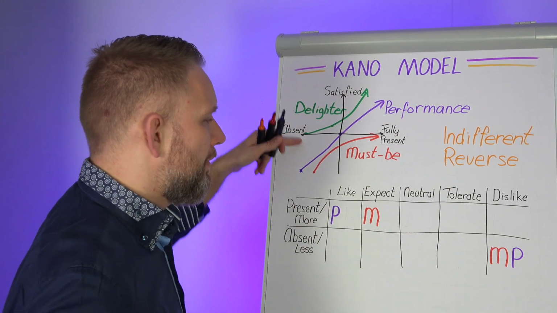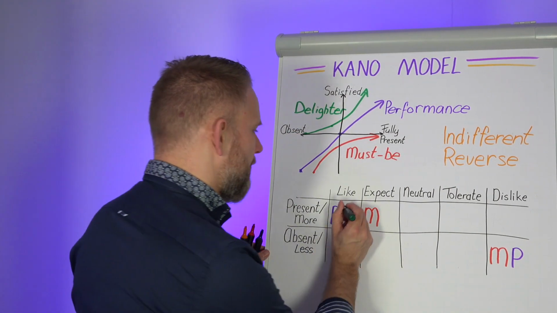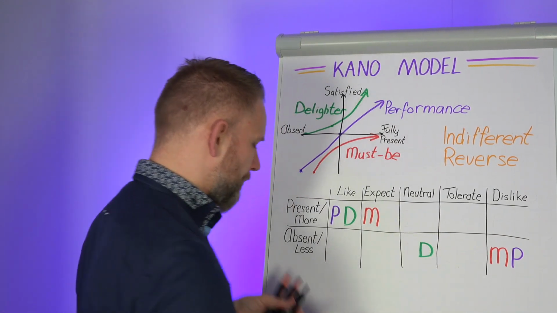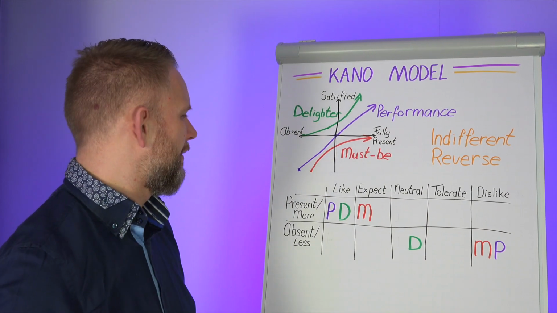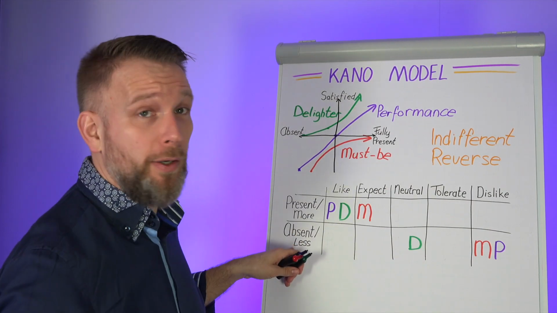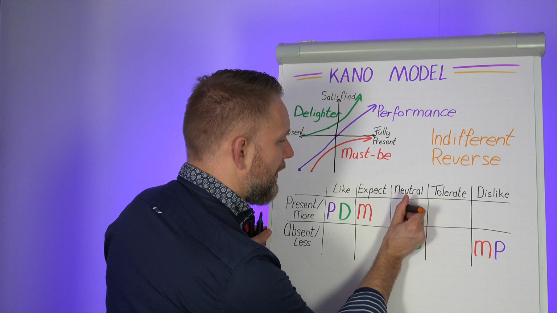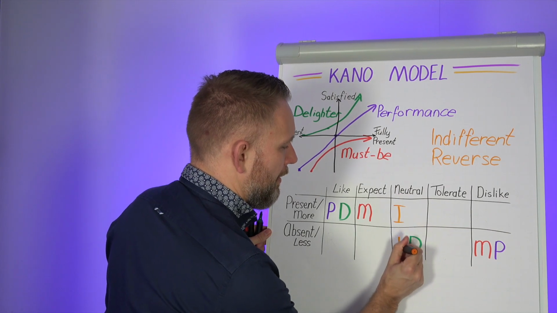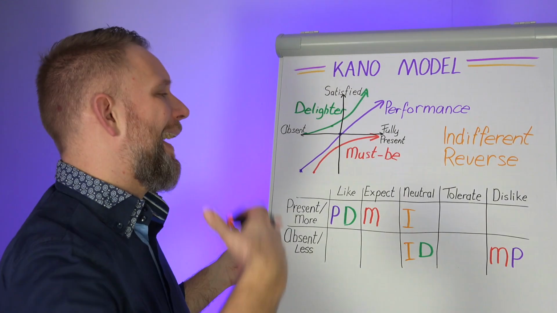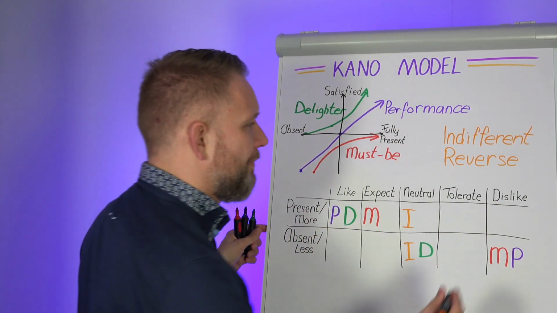If it's not there, sort of neutral about it. And if people say, I don't really care when it's there or when it's not there, then we know that we've got an indifferent characteristic, and of course the reverse of performance.